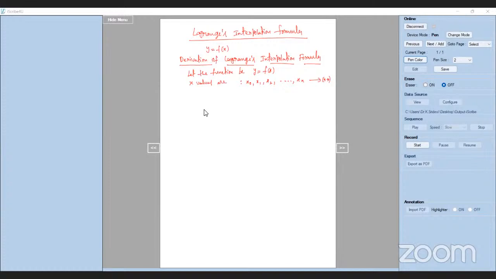These x values may be equally spaced or unequally spaced values. Now, what are the corresponding values of f of x?